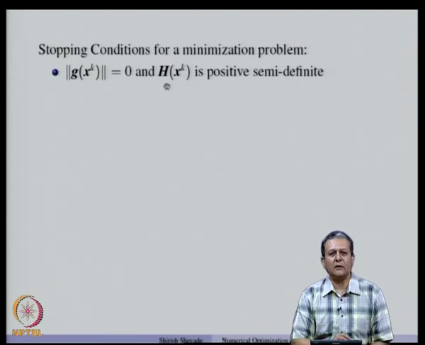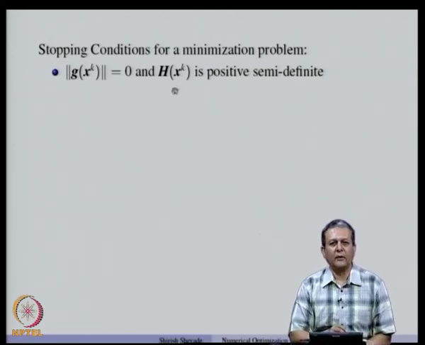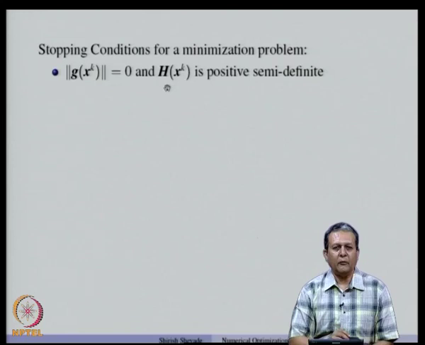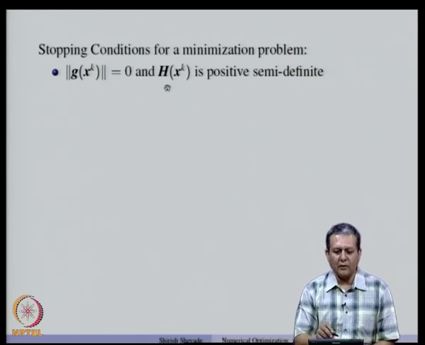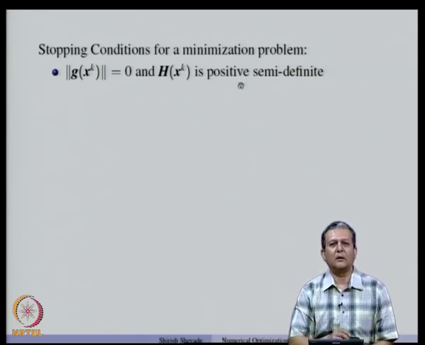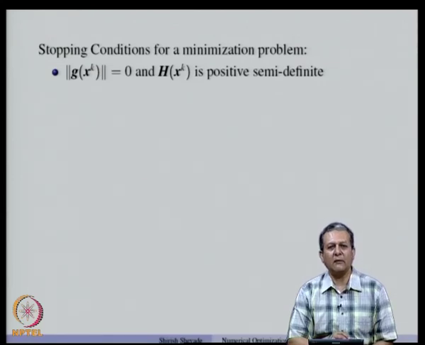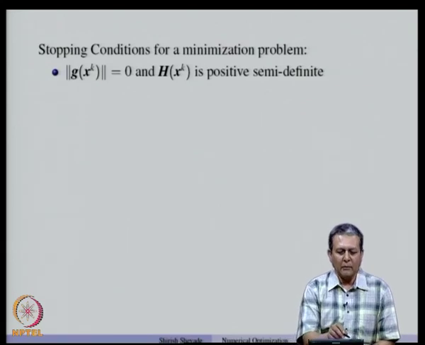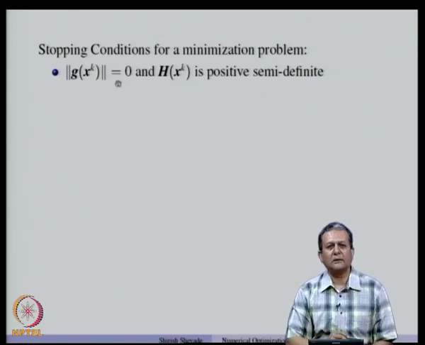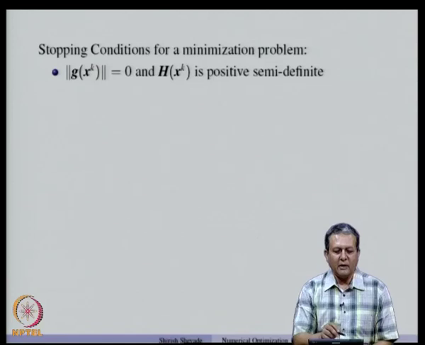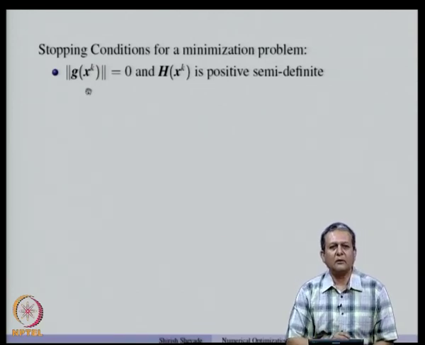It is many times difficult or computationally expensive to compute H of x k. So, for all practical purposes we will not use this condition, but remember that if some extra information about the Hessian is available, one can use that. We will be mainly concentrating on the first condition: the gradient vector vanishes at a local minimum, which essentially means that the norm of the gradient vector should be 0.